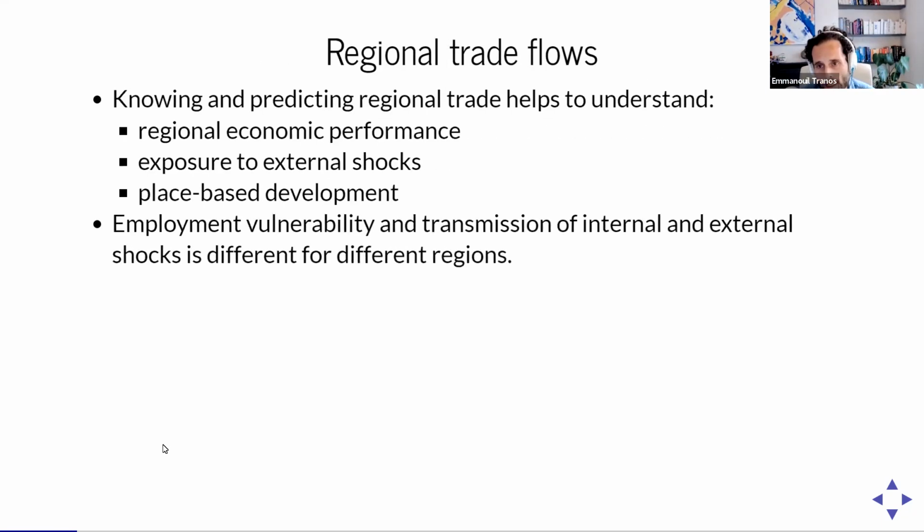However, knowing and predicting trade between regions is very important for regional economists, regional planners, regional authorities. It's very important because it helps us understand more about regional economic performance, helps us understand how exposed regions are to external economic shocks, and at the end of the day, helps us design place-based development policies.